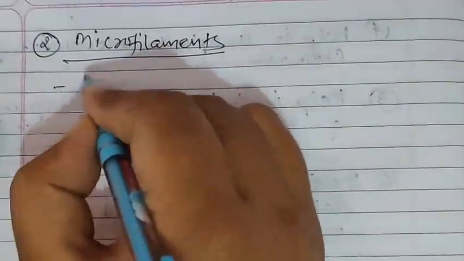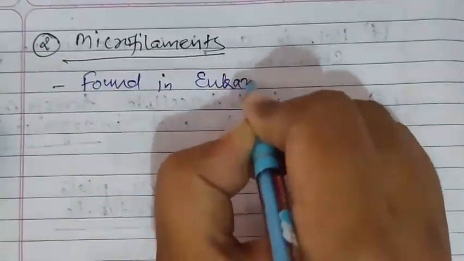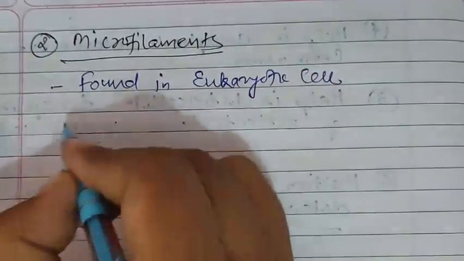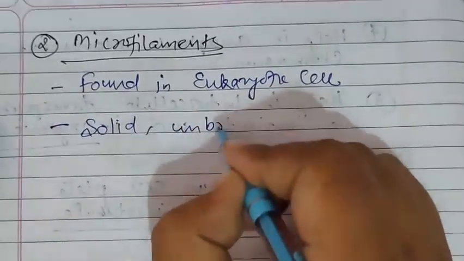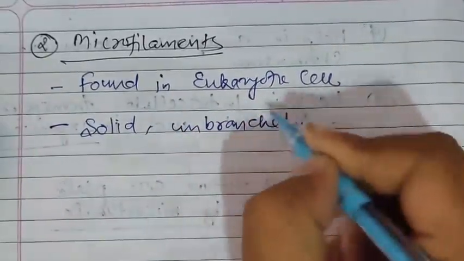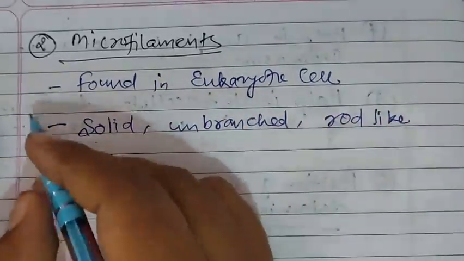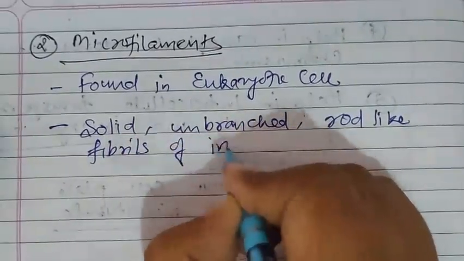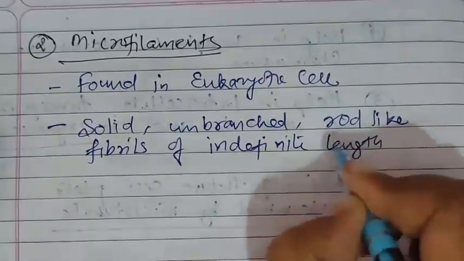These microfilaments are found in eukaryotic cells. These microfilaments are solid, unbranched, rod-like fibrils of indefinite length.